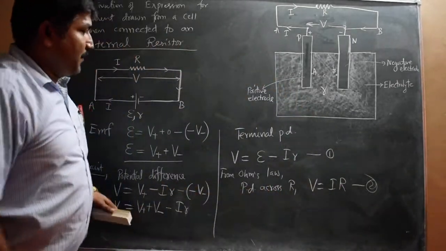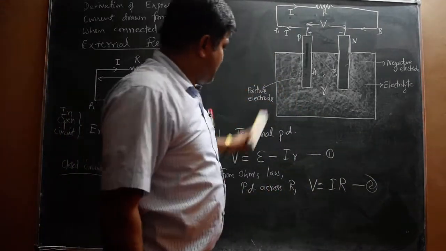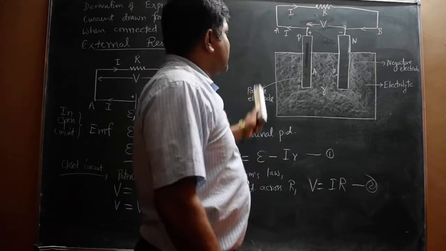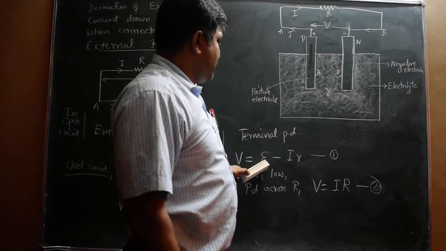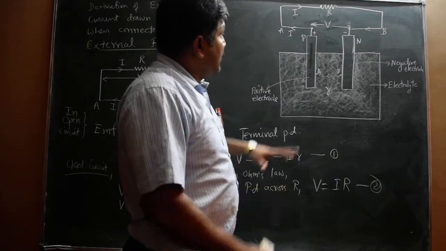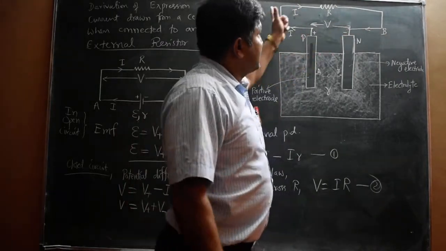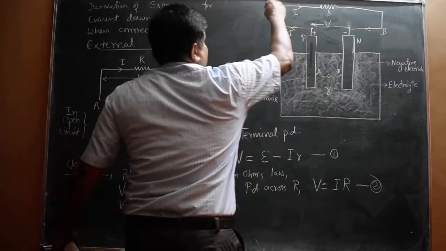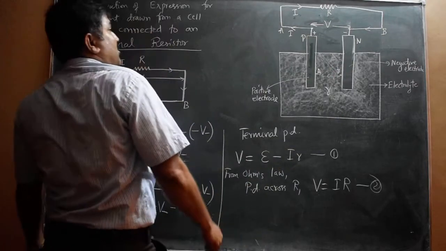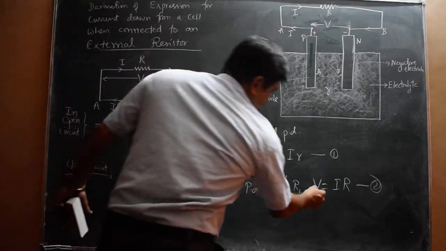Comparing, the potential difference across the cell when current is flowing is EMF minus Ir. When the external resistor is connected, current flows in it also, so the potential drop across the external resistor is V equal to IR.